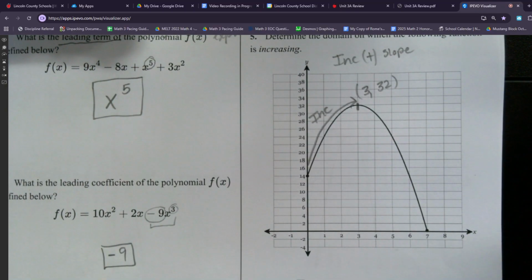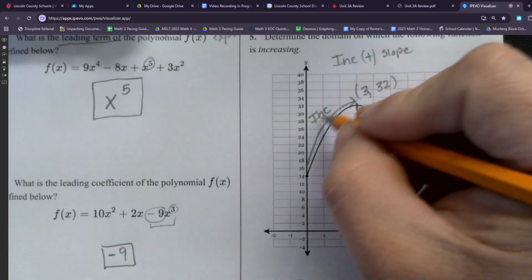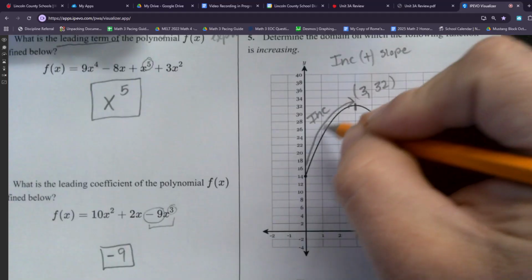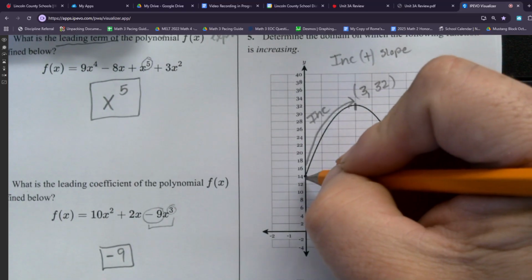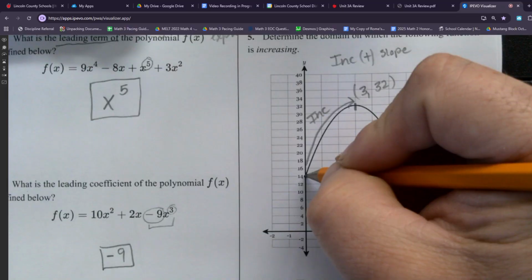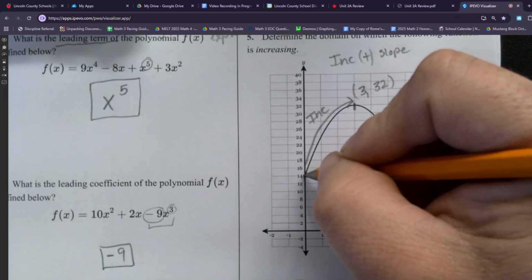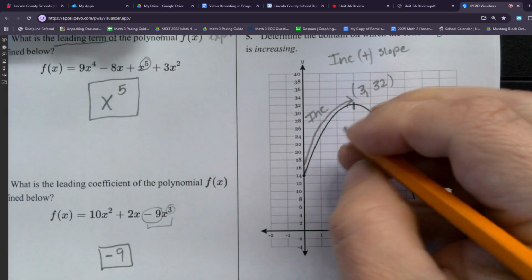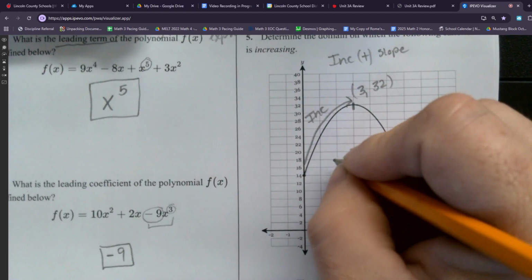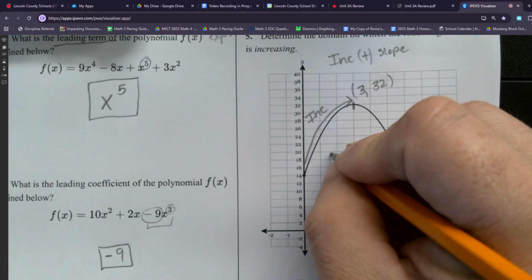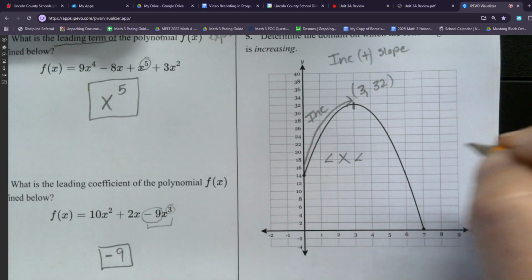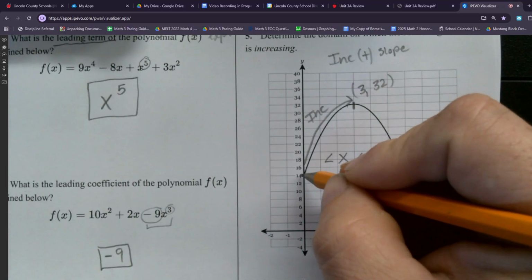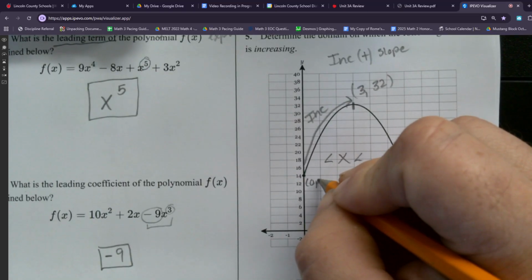Okay, so now this thing is increasing from the y-axis, which is this guy here with a closed circle, up to its vertex. Since it is increasing between two numbers, you know it's going to be this. This is the y-intercept, so that's (0, 14).